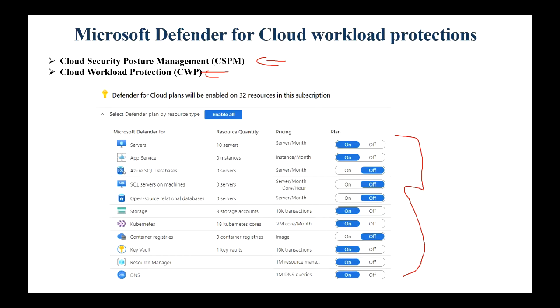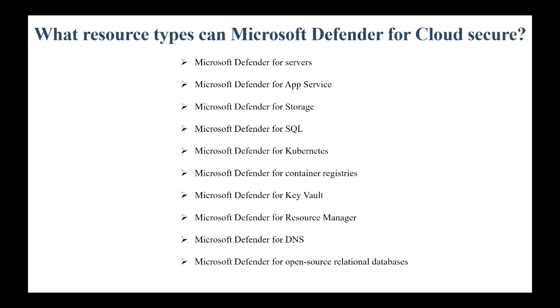Now, let's see what types of resources Defender for Cloud can protect. So, again, when you enable Defender for Cloud from the pricing and settings area, and you will see how that's done, the following Defender plans are enabled simultaneously and provide comprehensive defenses for the compute, data, and service layers of your environment.